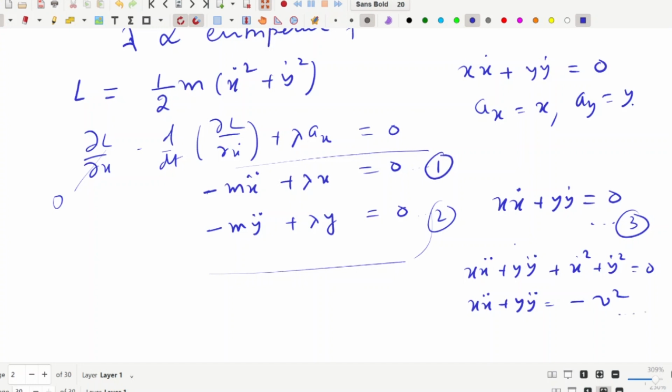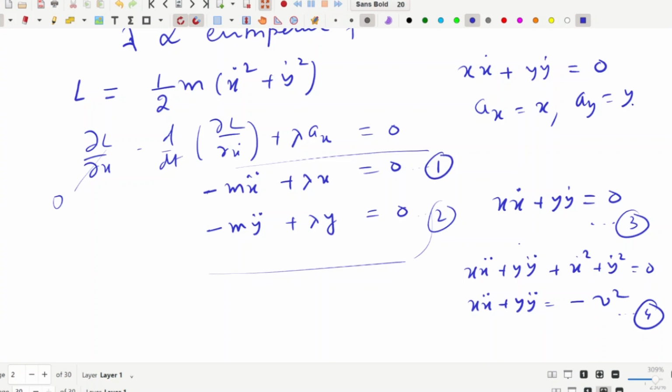Let us denote this as equation 4. Now, from this we have to find what lambda is, and we have to show lambda is proportional to the centripetal force exerted on the particle.